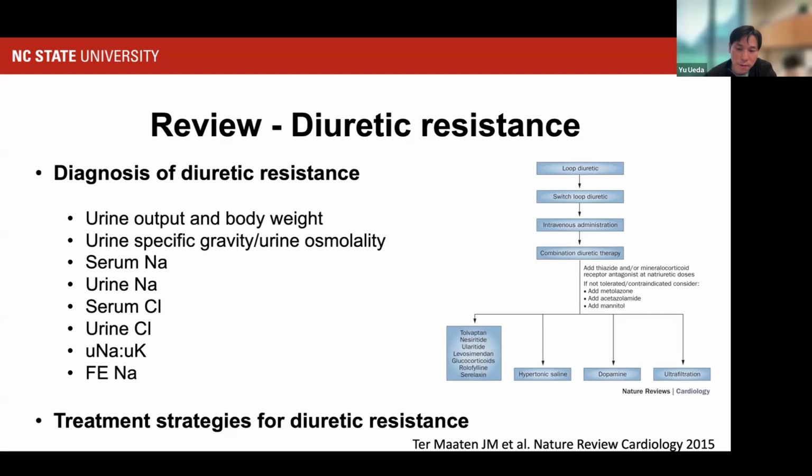Then, based on this information, you may consider modifying treatment by adding another type of diuretic, more than just loop diuretics, maybe adding acetazolamide or thiazide. Or sometimes they are correcting this low sodium or low chloride concentration by giving hypertonic saline. That might be another treatment that people have been discussing.